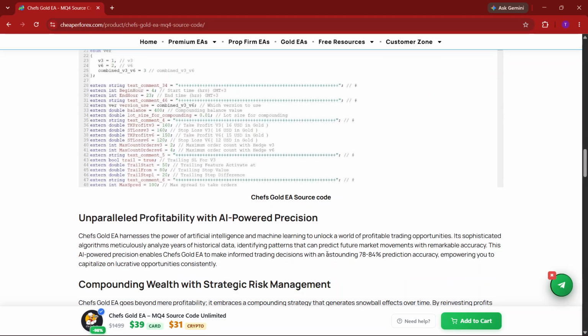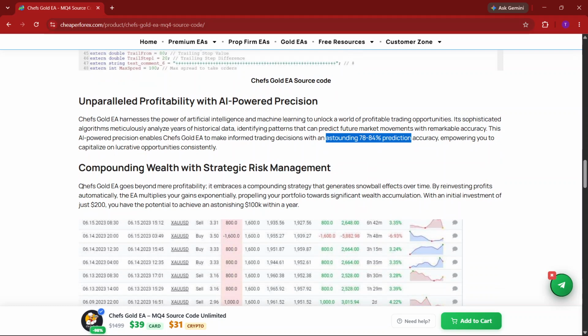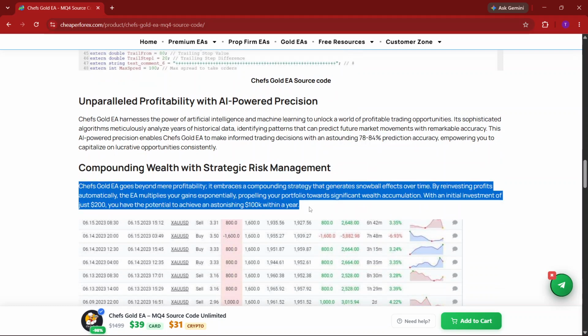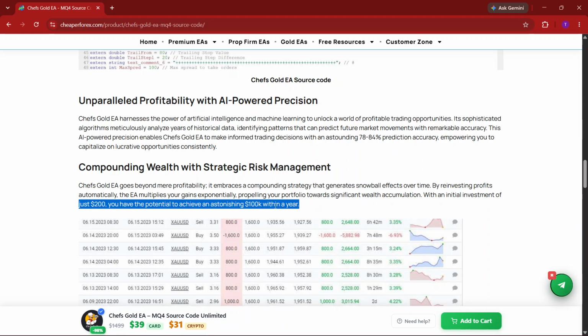Now, see the claim of 78 to 84% prediction and the compounding effect. They say one of the bigger claims is that starting with just $200, you could potentially reach $100,000 within a year through this compounding.